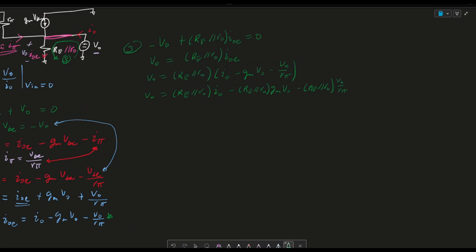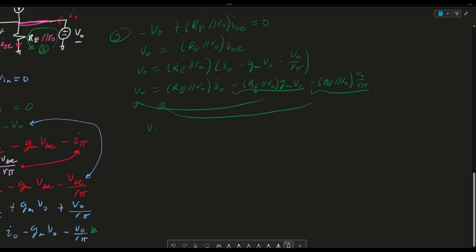If I go ahead and move these VOs to the right hand side, what I'm going to get is VO times 1 plus RE in parallel with RO gm, plus RE in parallel with RO times 1 over R pi, and that's equated to RE in parallel with RO times IO.